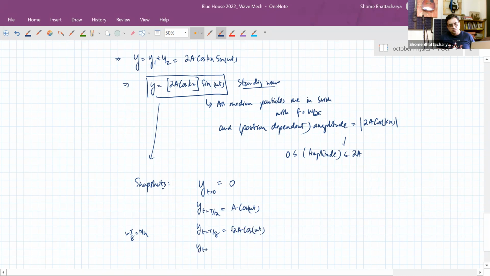Then at t equal to T by 4, for example, this becomes 2a cos omega t. Then at t equal to, let's say, 3T by 4, this again becomes root 2a cos omega t.